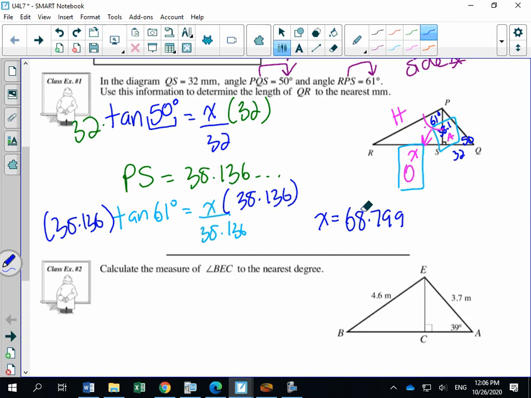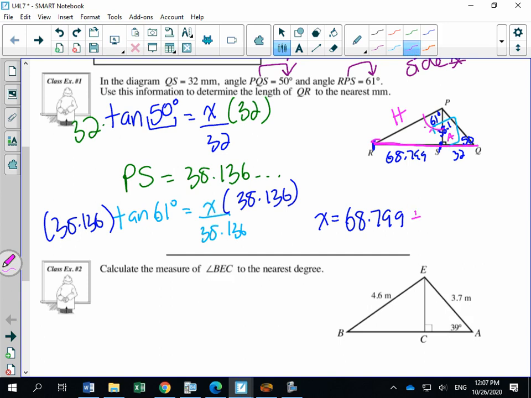Do I box that in, Cohen, and call it a day? Am I done? No, what do I do now? Because that's right. So I just calculated that RS is 68.799. They want that entire base. So they want this distance here.